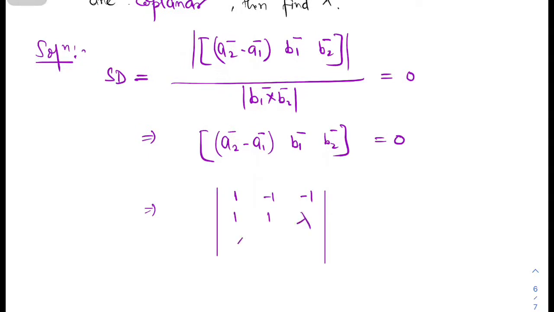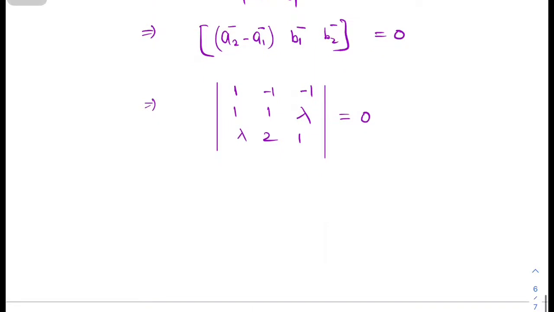Okay, if we simplify this determinant, we will get 1 minus 2 lambda plus 1 minus lambda square minus 2 minus lambda, which is equal to 0.